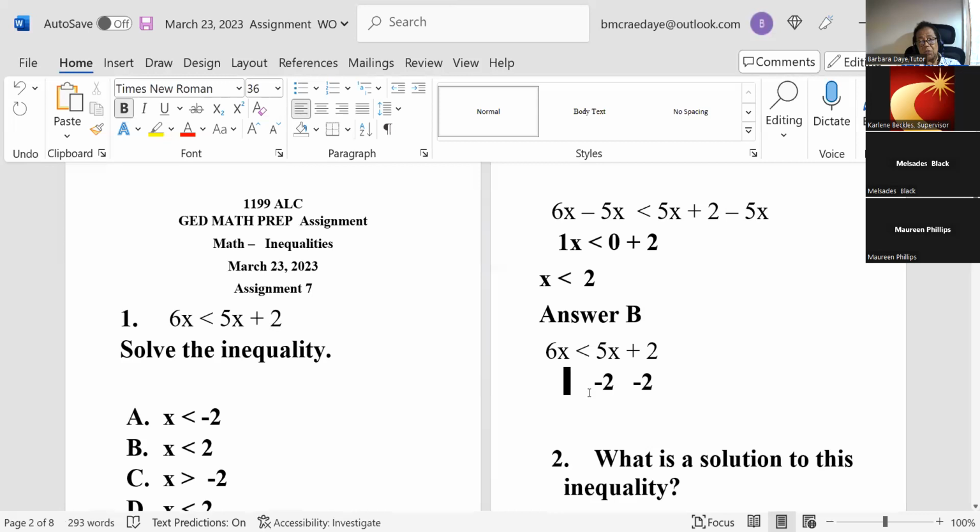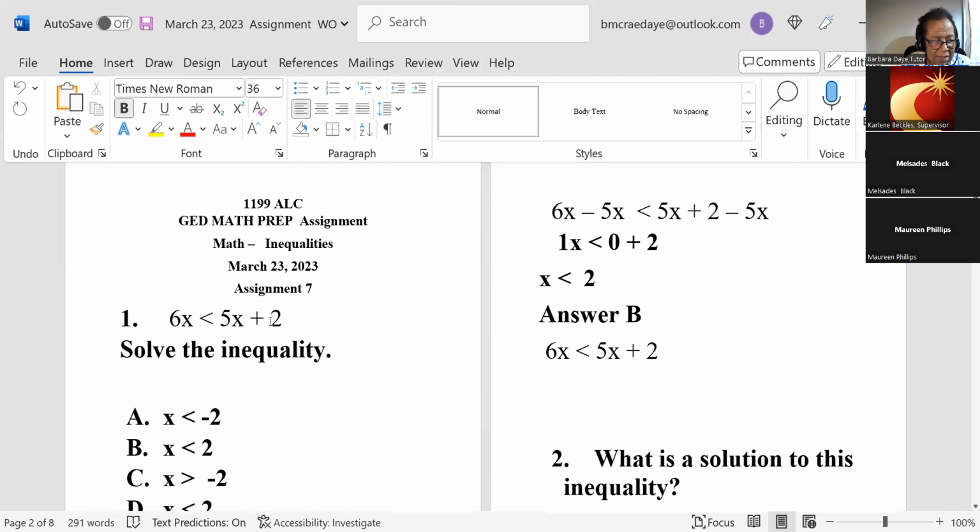Okay. You follow where you went wrong? Yes, I'm good. The only thing is when I get the answer, I was contemplating between A and B for the answer. But remember your rules. You want to get these variables on the same side.